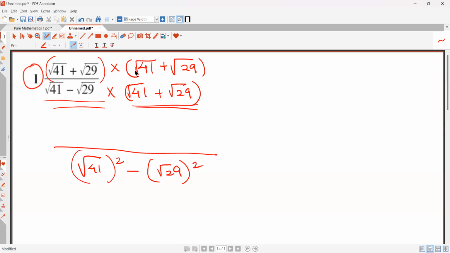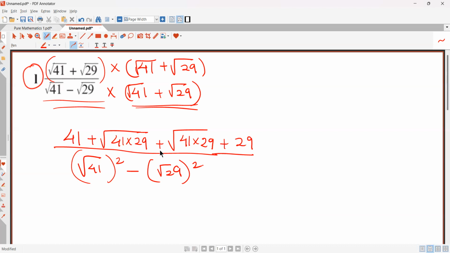Root 41 multiplied by root 41 is 41, then plus root 41 multiplied by root 29, then again root 41 multiplied by root 29, then root 29 times root 29 is 29. Can you guys do 41 into 29, root of the answer? Do it in the calculator, or manually if you want.